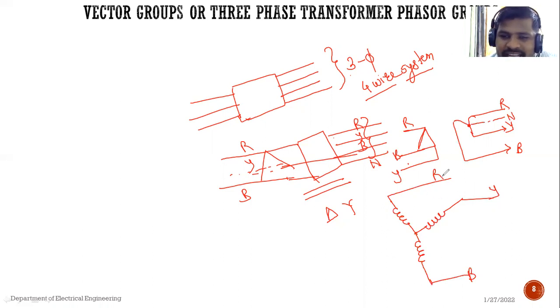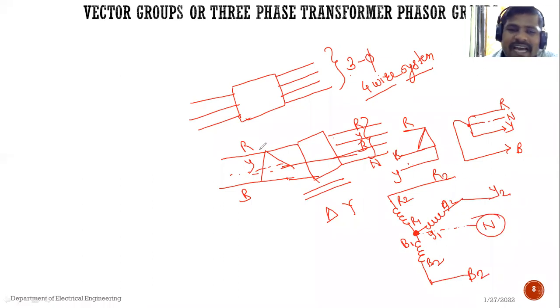If this represents the primary side, this one is the R2 terminal, this one is the Y2 terminal, this one is the B2 terminal. Another terminal, here it is B1, here Y1, here R1. So these three terminals are common here. So we can take one terminal from here. From this a common terminal is taken. So this is the neutral terminal. So this is like a star connection.